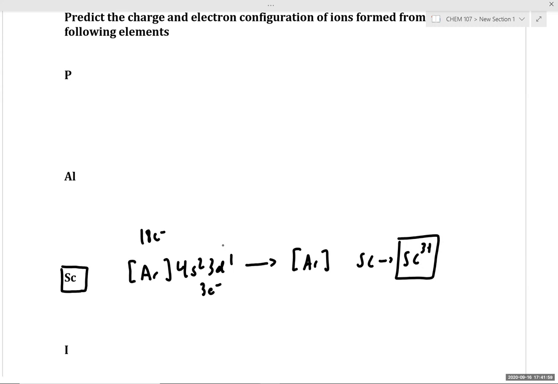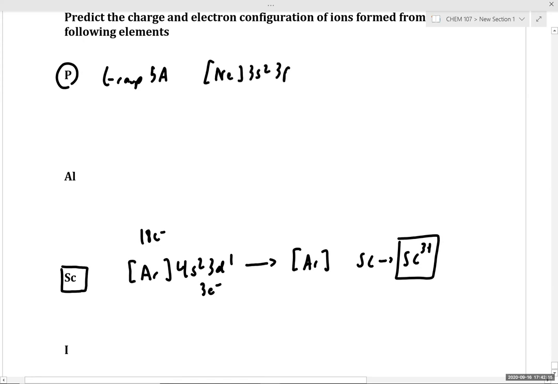So let's discuss this example here. Phosphorus is a group 5a element. Just to make sure that we have a nice reference to go off of, it has a configuration of neon 3s2 3p3. So using our formula, our charge is equal to the group number, which is 5, minus 8, which would be minus 3.